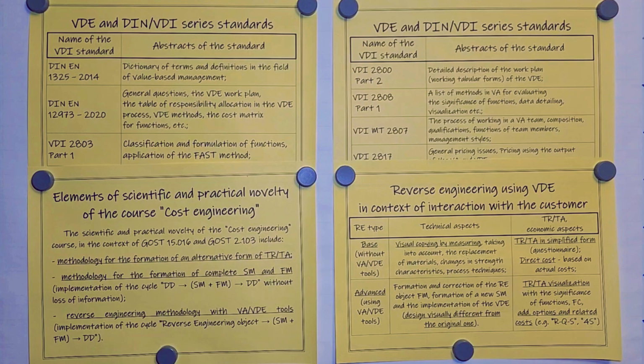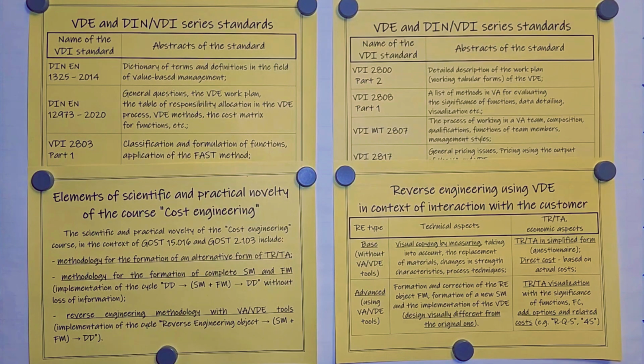As you can see from the name, this standard is a detailed version of the description of the value analysis work plan given in general form in the DIN 12973 standard we have already considered. The practical value of the standard is the presence in it of a large number of working tabular forms corresponding to the stages of the value analysis, which can be used in practice.